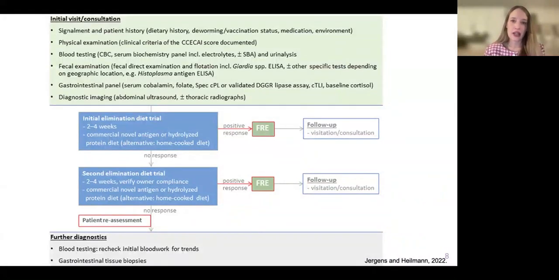If everything is fine, you can then continue with an elimination trial. This paper from 2022 is quite a nice one, because it shows two elimination trials that you should do. Nowadays, even some authors would suggest that it's reasonable to do even 3 elimination diet trials.